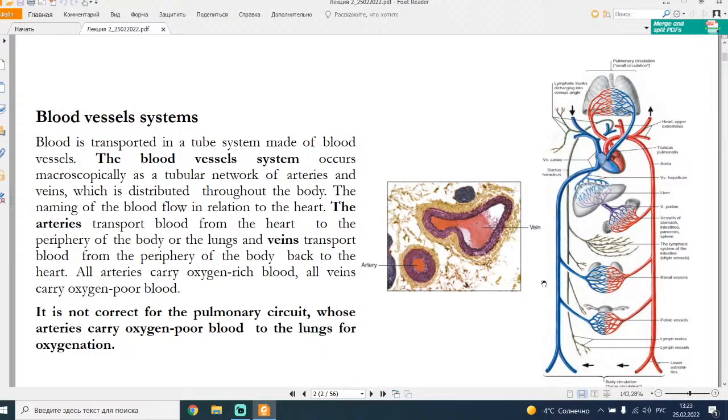The blood vessel system occurs microscopically in a tubular network of arteries and veins, which is deeply distributed throughout the body. The naming of blood vessels is in relation to blood flow to the heart.